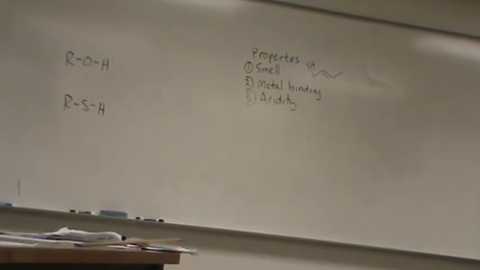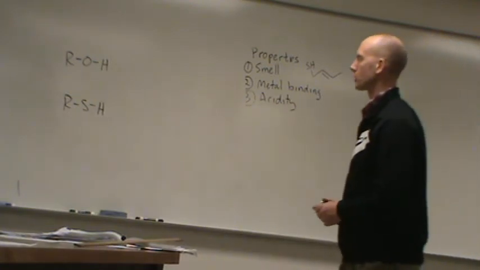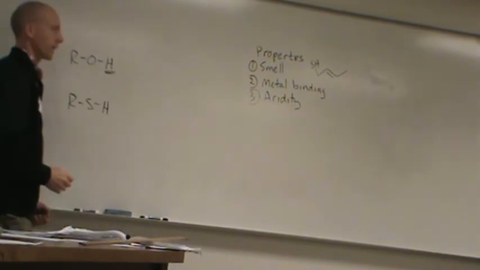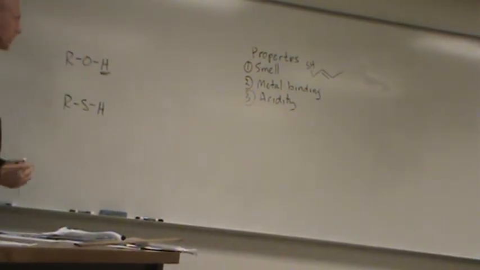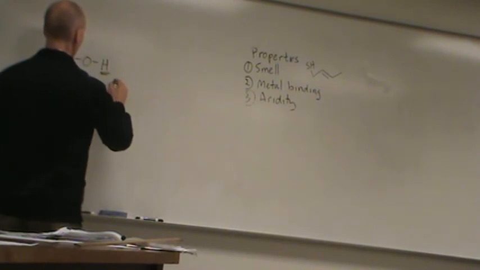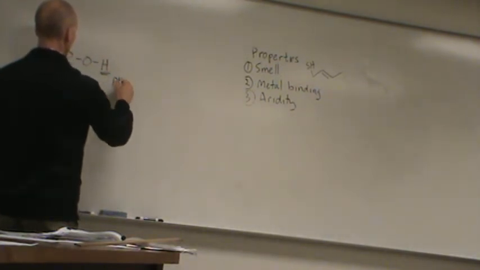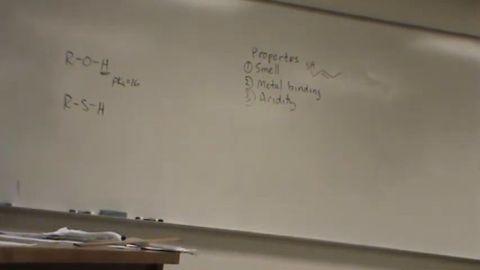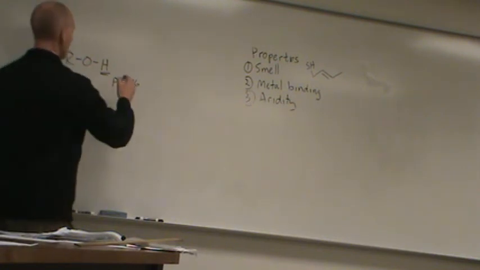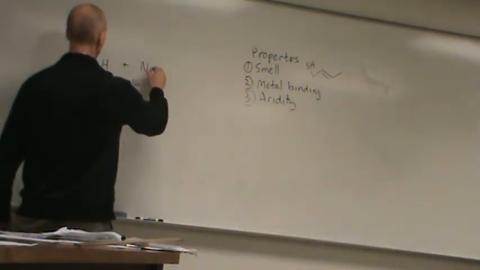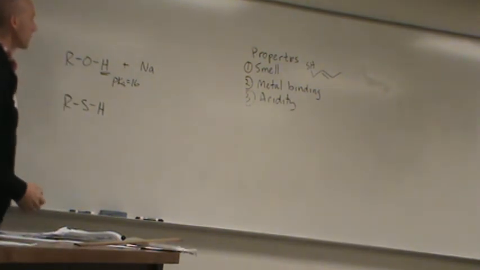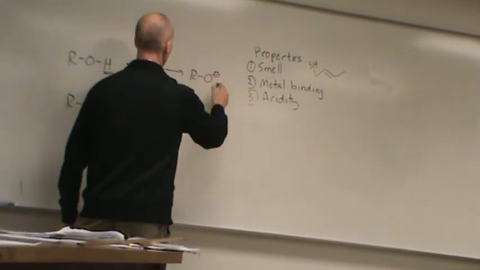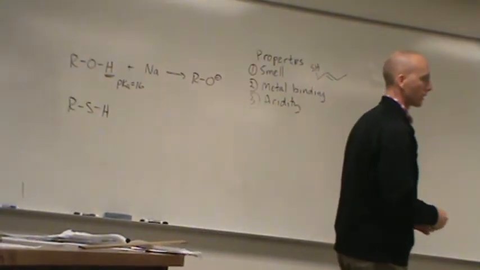Remember, we looked at the acidity of alcohols last time. We found out that alcohols weren't that acidic. They typically had a pKa of around 15 to 16. And so as a result, I had to use sodium, potassium, or sodium hydride to remove that, to get the conjugate base.